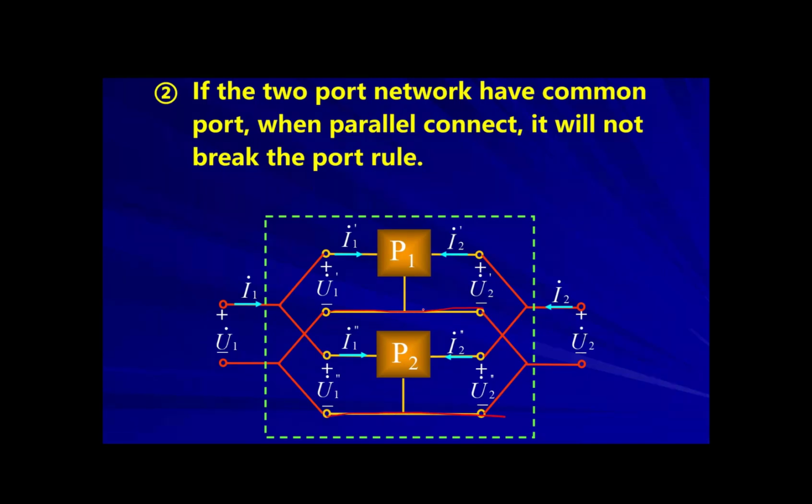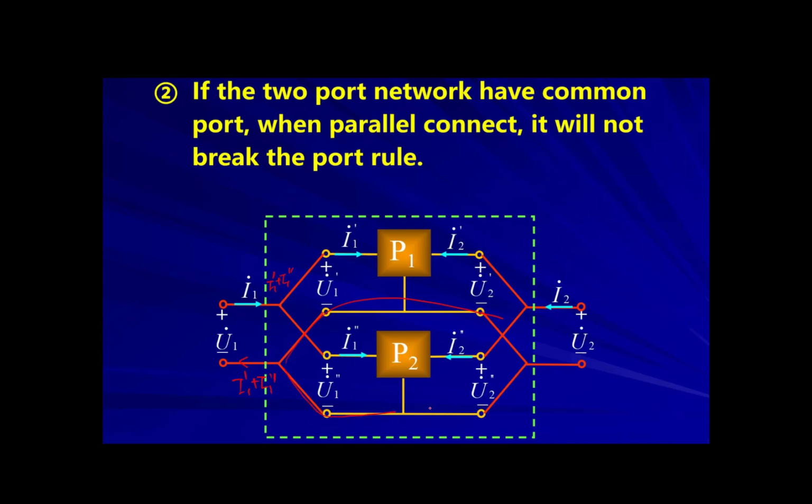So who should then parallel connect? This I1 sharp. So this will be I1 plus I1 sharp. I1 sharp 2. So this will be I1 sharp plus I1 sharp 2. This should connect.